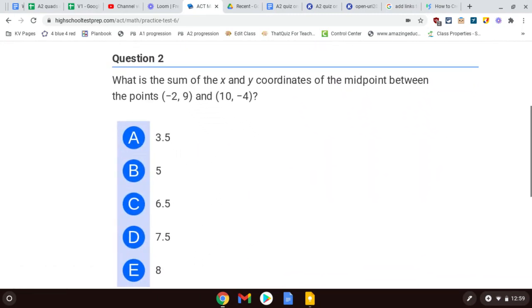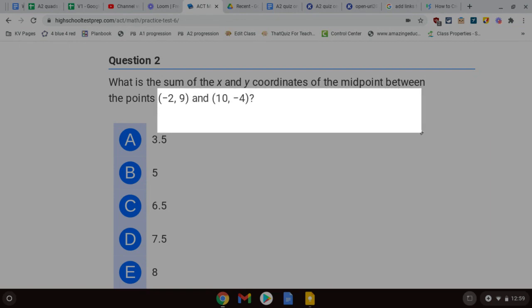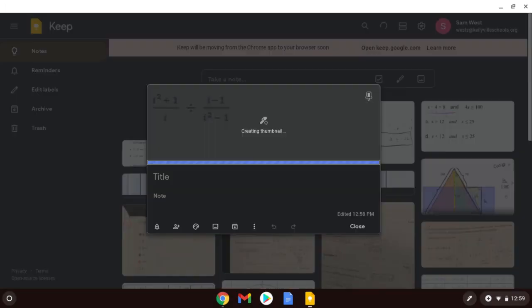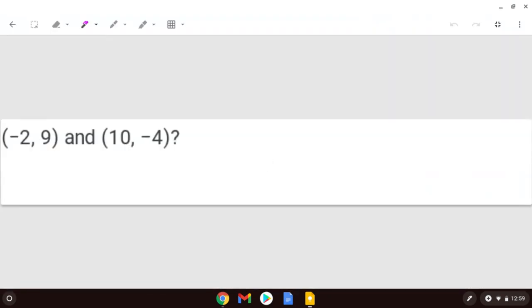This next one, we've got: what is the sum of the x and y coordinates of the midpoint of these 2 points? So we need to find the midpoint between these two points here.